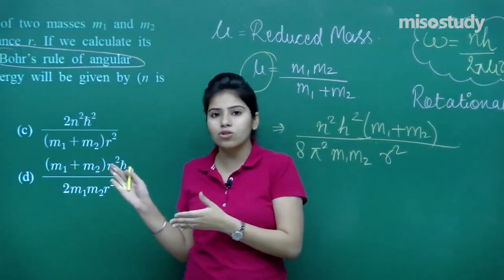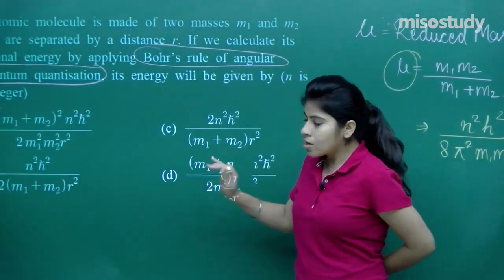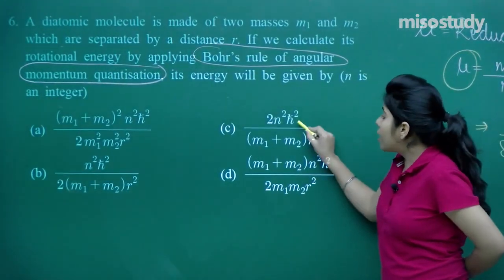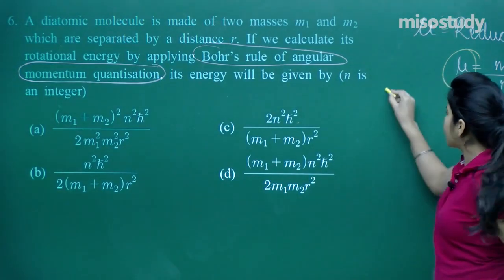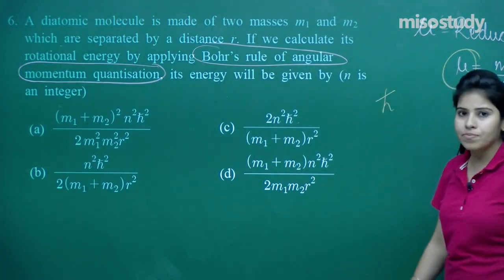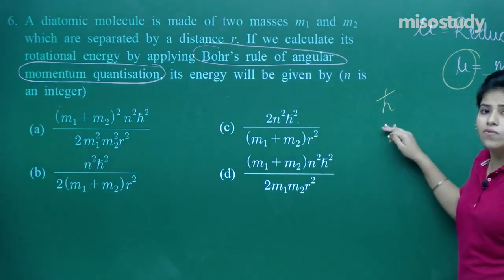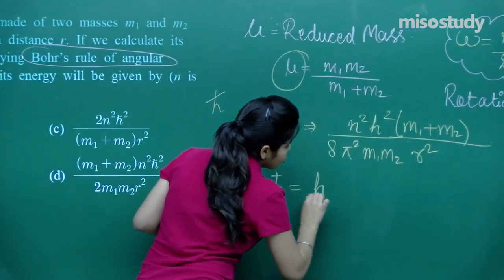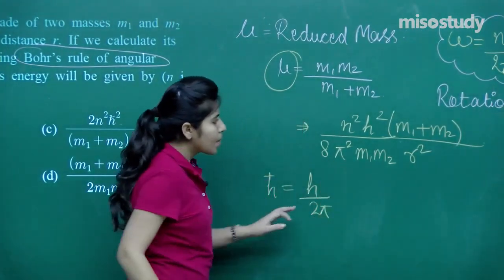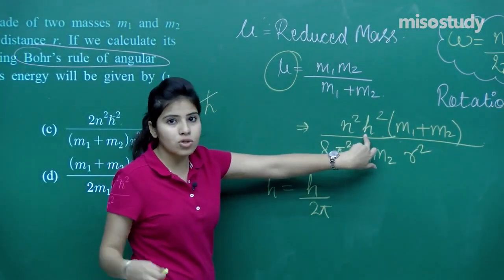Now we will be moving towards the options. In the options I can see that in place of h we have been given this h prime, and you know that the value of this is nothing but h upon 2 pi, while we have the value in terms of h.